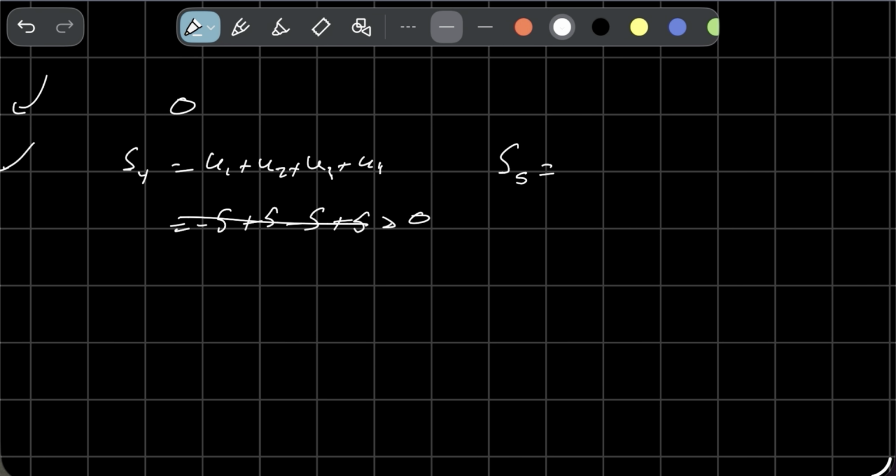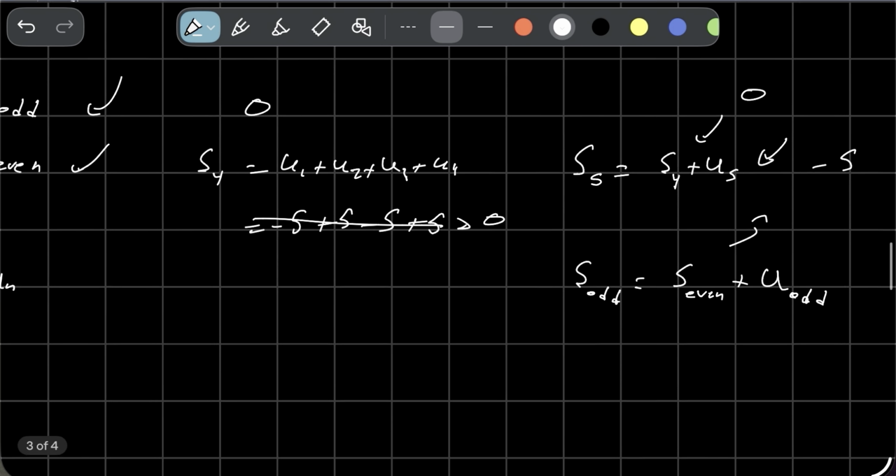It's basically S4 plus u5. And we know that u5 is minus 5, and we know that S4 is 0. Therefore, S of any odd number equals S of the even one before it, plus the u odd one. Okay, just like this example.